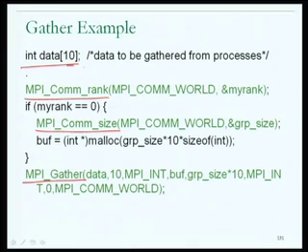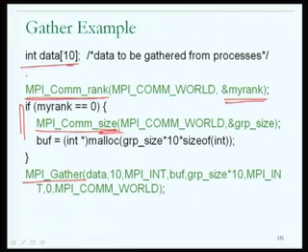So in this program, each of the processes determines its rank, stores it in its local variable myRank, and depending on whether the process is the root of the group communication or not, if the process is the root, then it finds out the size of the communicator. Now MPI comm size is one of the functions that we had seen in our list of functions, but I had not talked about.